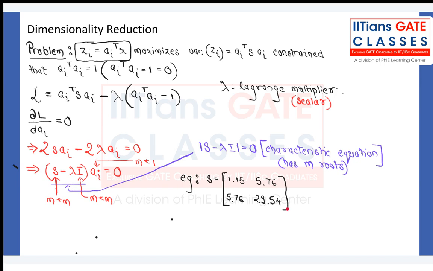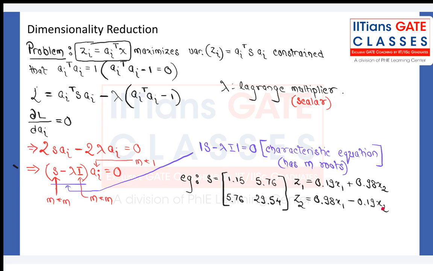It's a covariance matrix. If you find the eigenvalues and then get the eigenvectors, your two equations, Z1 and Z2, should be: Z1 is 0.19 x1 plus 0.98 x2. Z2 will be 0.98 x1 minus 0.19 x2.